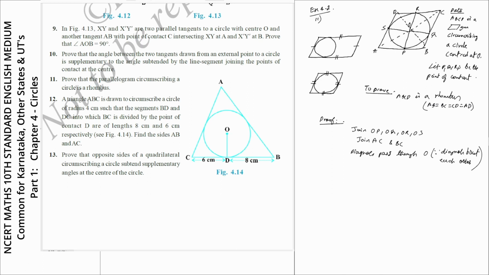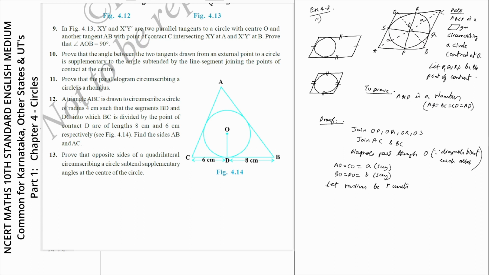Now since diagonals bisect each other, the length of AO will be equal to CO. Let us say it is A. I am writing here, it's A, and BO is equal to DO. Let this length be B. And let the radius be R units.